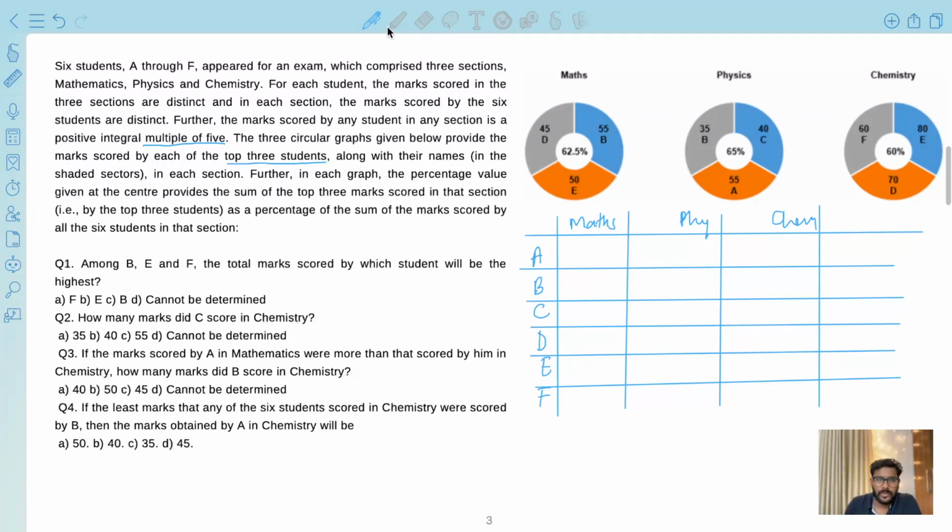So, what is the data we have? B has 55 marks at max. E 50, D 45. In physics, B scored 35, C scored 40, and A scored 55. F scored 60, E scored 80, and D scored 70.